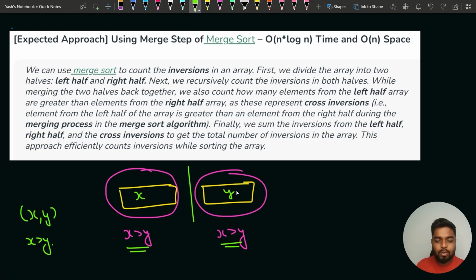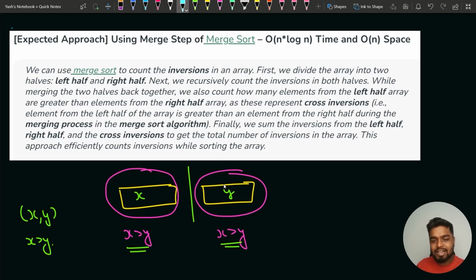So when you divide the array and sorting is done on the left array and the right array, you'll be able to count the number of inversions in the left half and in the right half, because you'll be solving a smaller problem. But when you are merging, the last scenario, where x lies in the left array and y lies in the right array, helps you identify the number of inversions.